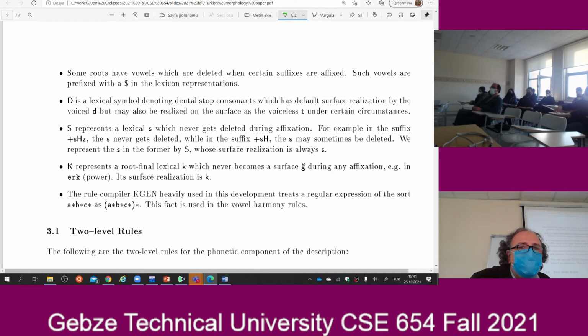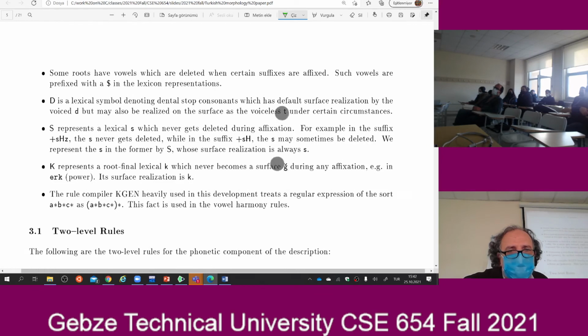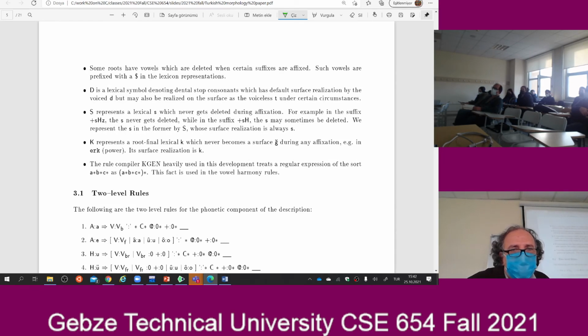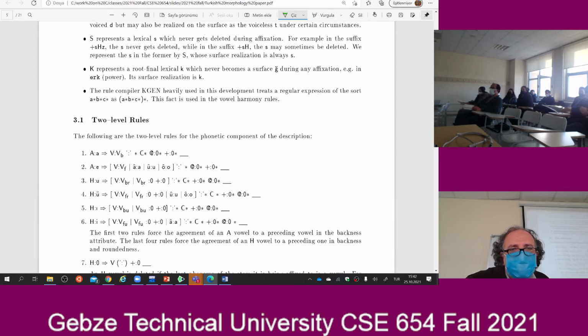And again, with the K and the yumuşak G, we will have rules for that, and they have a different representation. And these are the rule compiler, heavily used in development, regular expressions of the sort. So let's look at these rules.